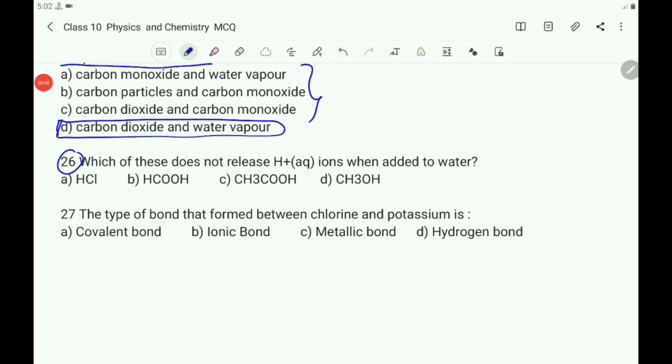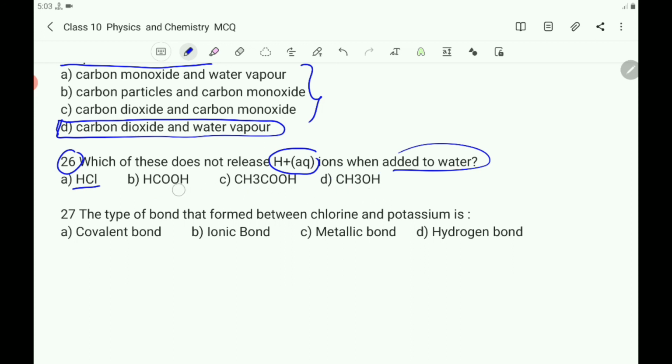Now question number 26. Which of these does not release H plus aqueous ions when added to water? Here you know that acids release H plus ions, and those which are not acids will not release H plus ions. So this is hydrochloric acid, this is formic acid, this is acetic acid, and this is alcohol, methyl alcohol.